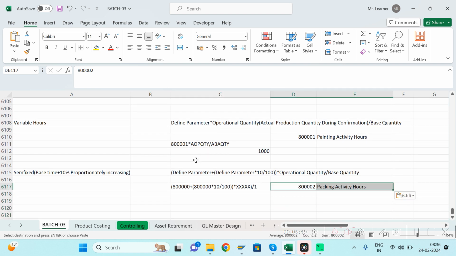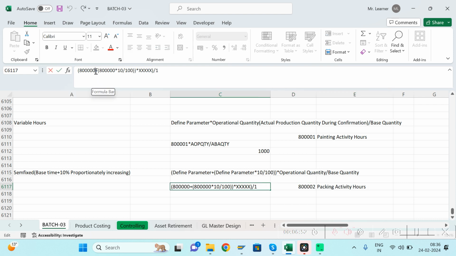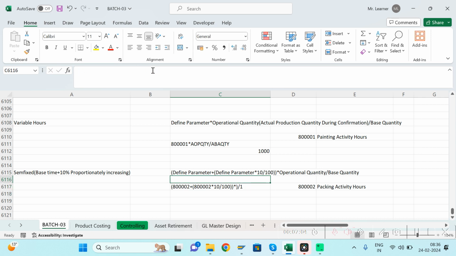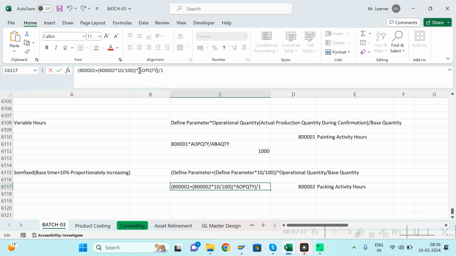It will calculate, first the defined parameter plus 10% of the defined parameter, multiplied by your actual operational quantity, that is the code it will read here, divided by your base quantity. So this is the formula it will read.